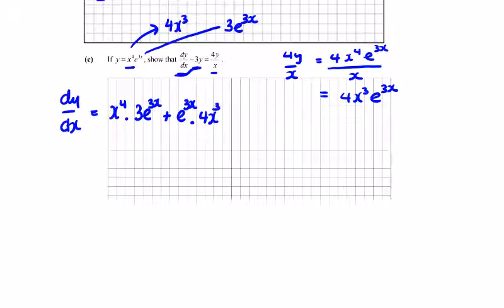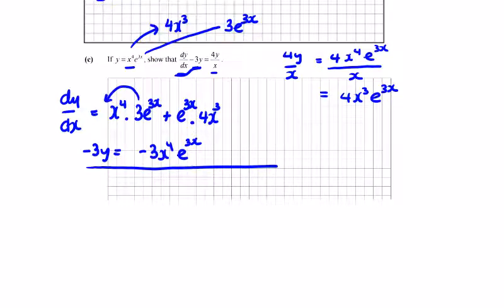This is dy dx. Now I want to take away 3y, so I'm going to write it underneath. Minus 3y would be minus 3x to the power of 4 e to the power 3x. And we just tidy up dy dx and put the 3 in front.